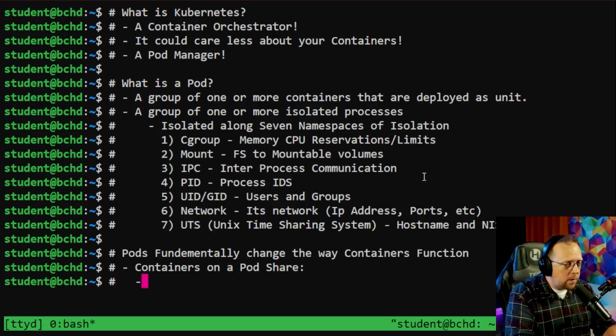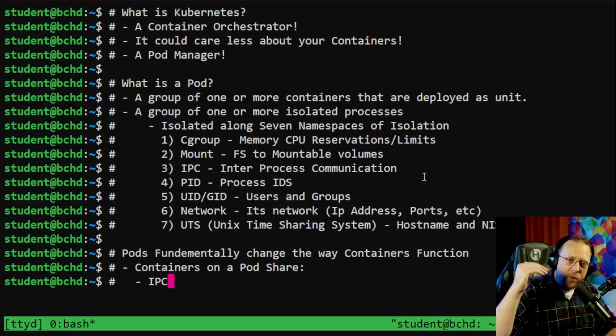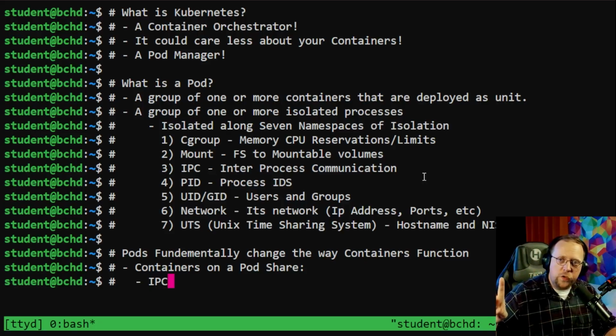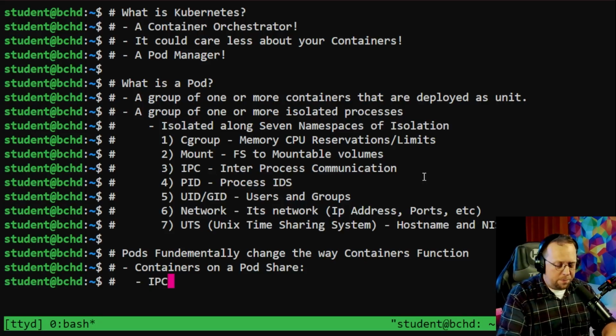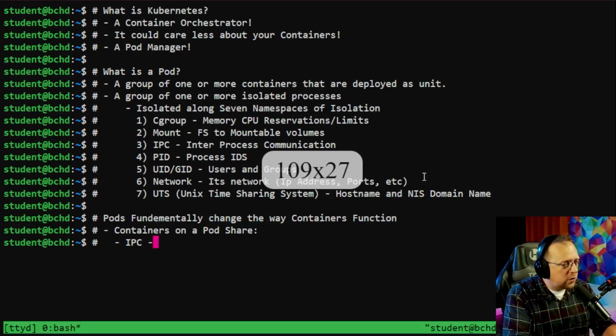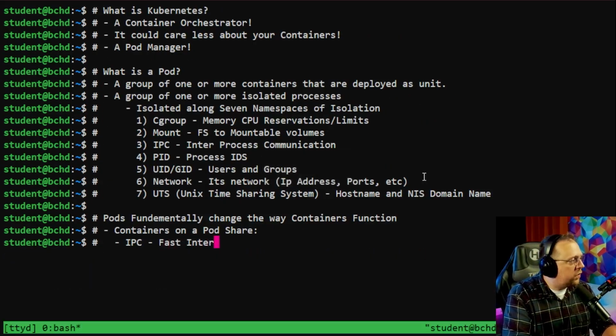They share IPC, so now every container on a pod can directly communicate within the kernel space with any other container on the pod. So this allows for fast inter-process communication via the kernel space, okay?